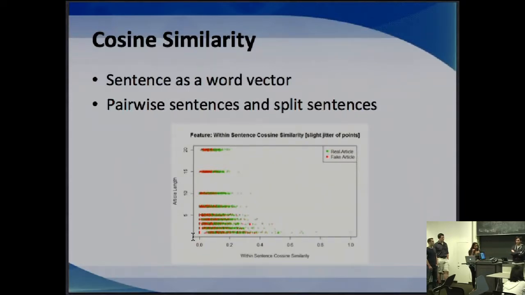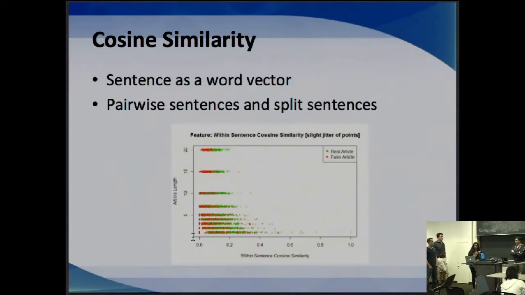So there's a lot of parallelism between consecutive sentences, or that was the hypothesis at least. The pairwise element of this was we looked at consecutive sentences and took the pairwise cosine similarity, representing each sentence as a word vector, and we averaged across all pairs of sentences, and that gave us that feature.